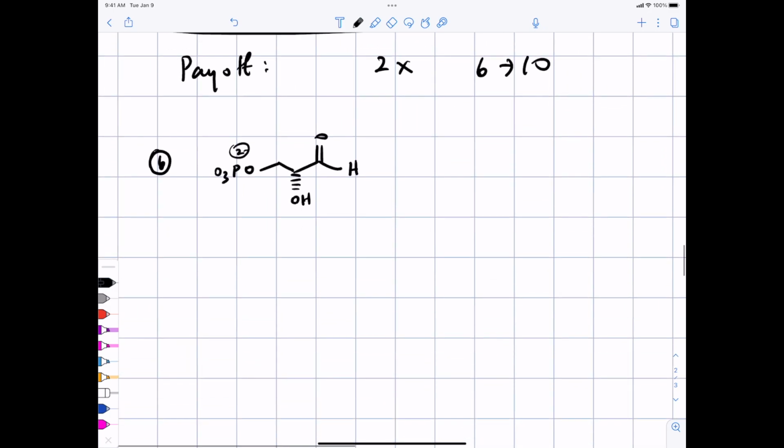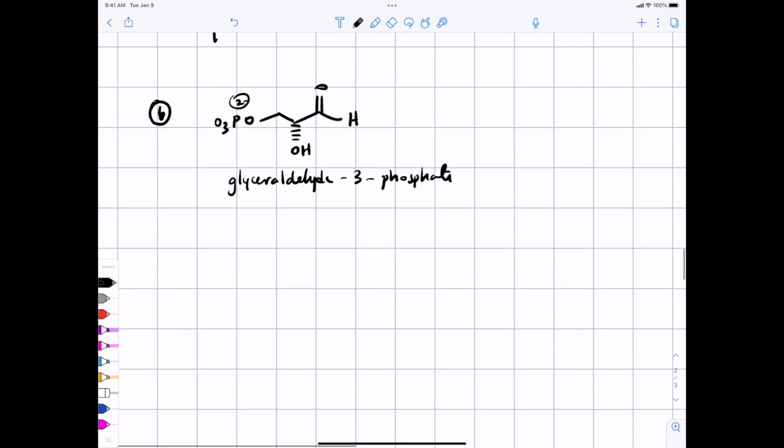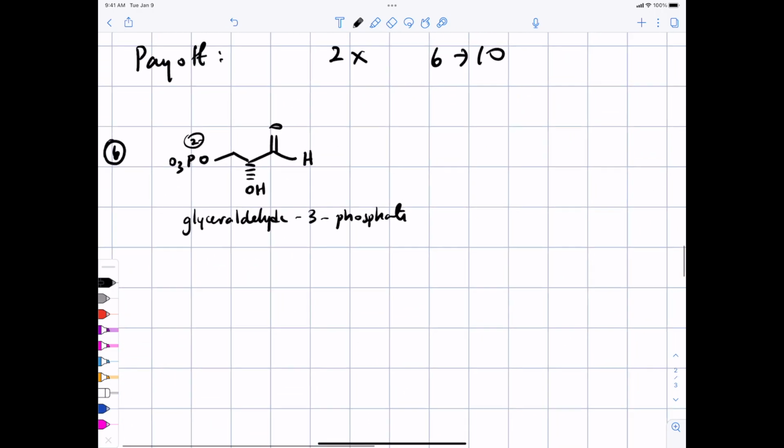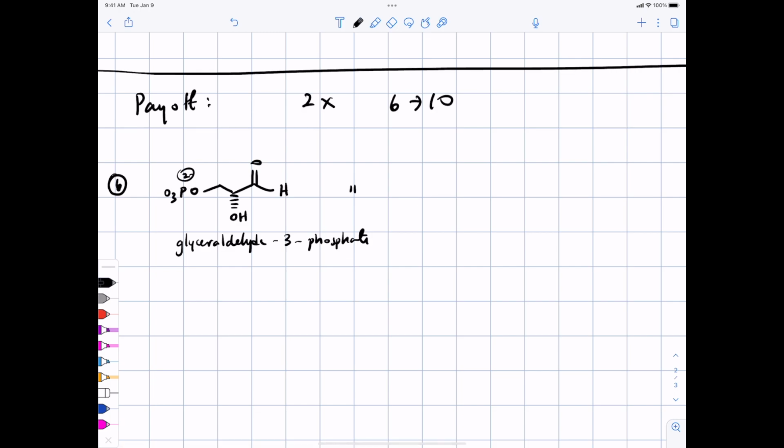So in this reaction, you need glyceraldehyde 3-phosphate as your starting material. And we're actually going to need inorganic phosphate, or Pi.